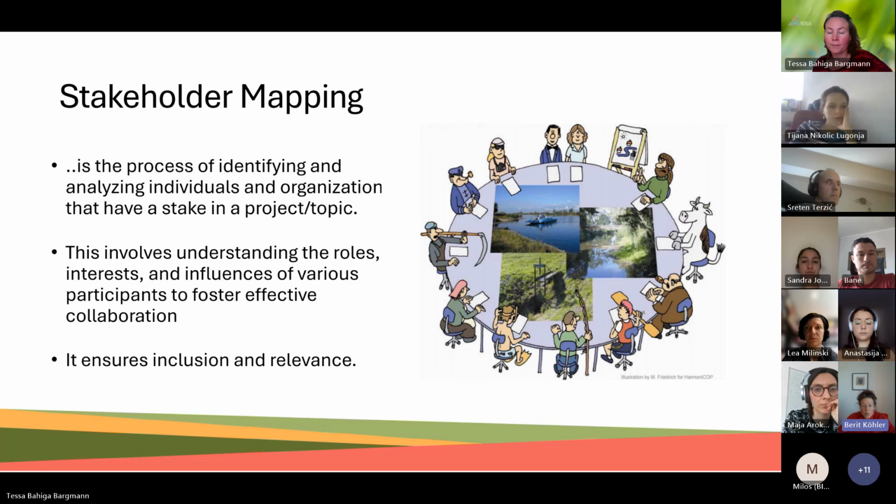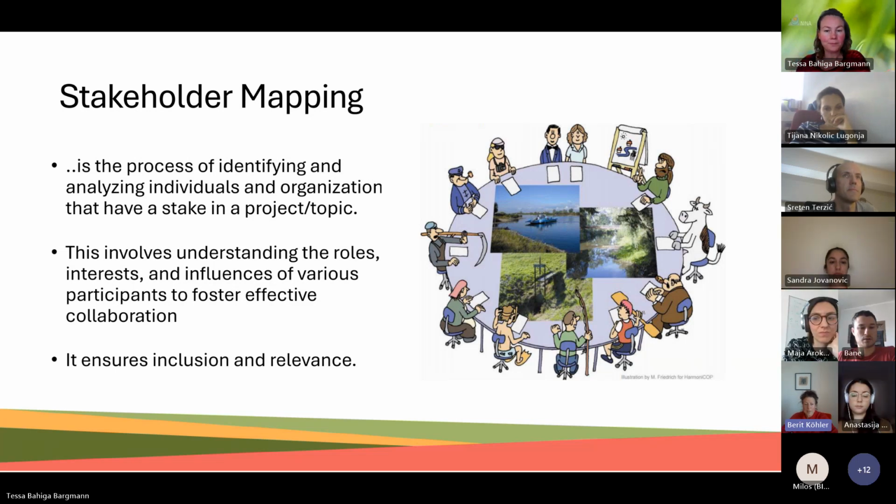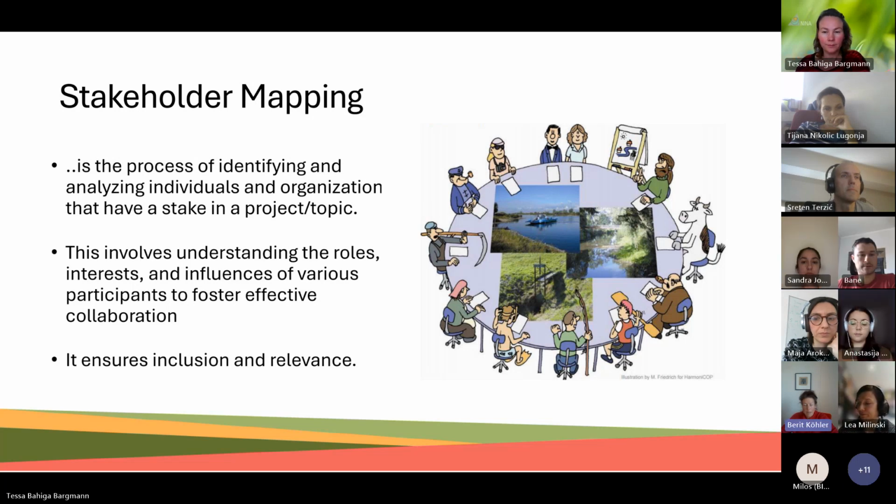But now let's go on to this practically quite important task to find the right or fitting stakeholders and to do a stakeholder mapping. This is the process of identifying and analyzing individuals and organizations that have a stake in our project or topic.